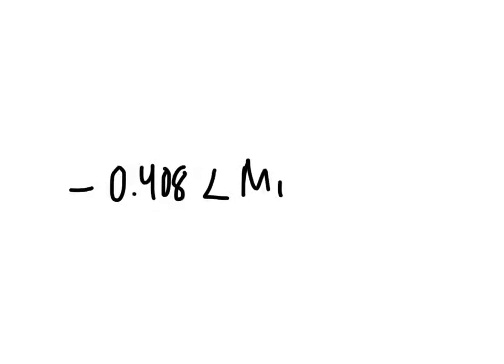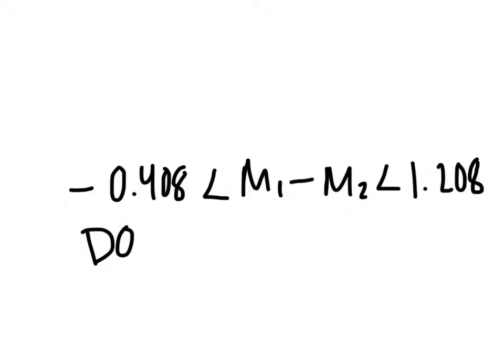So once we solve that out, we'll find that we get negative 0.0408 is less than mu1 minus mu2, which is less than the higher value, 1.208. So from this, we can conclude that we do not reject.